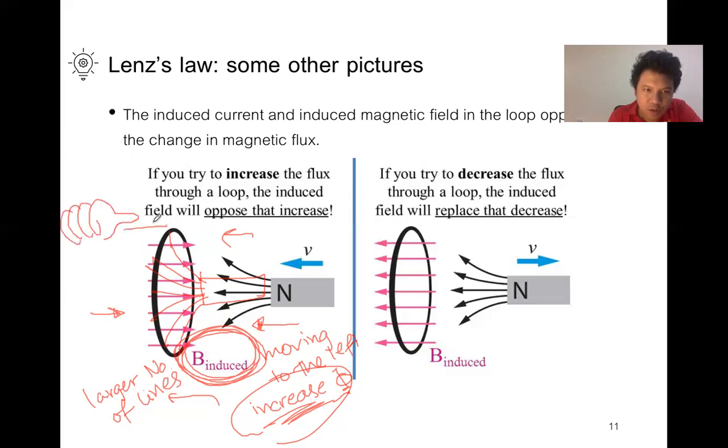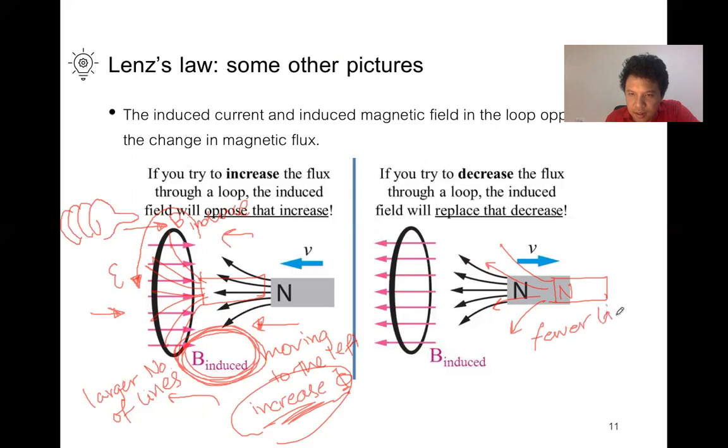Using the right hand rule, if this direction is the B induced, the right hand rule will tell you that the direction of the EMF or the voltage will be according to this arrow, counterclockwise. But in the opposite way, if I move the magnet bar outside, you might see that fewer lines are passing the loop.